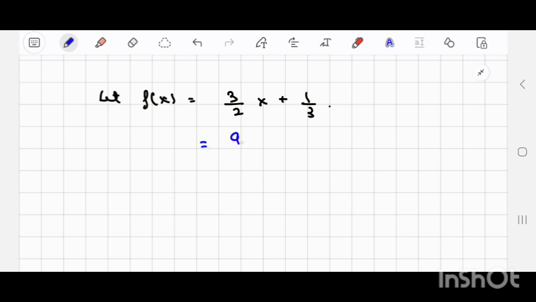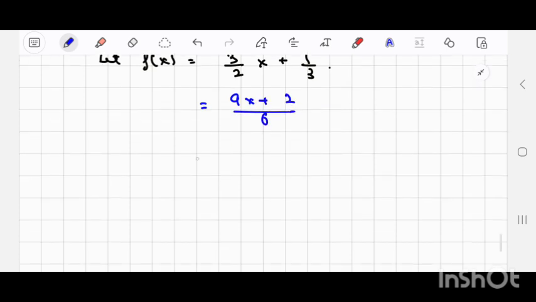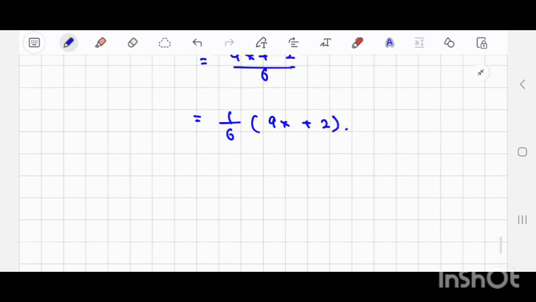So can I write this as (9x plus 2) by 6, easy LCM? So I can write this as 1 upon 6 times (9x plus 2), right? So is 9x plus 2 a polynomial in Z? It is, right? And 1/6 is a rational number.